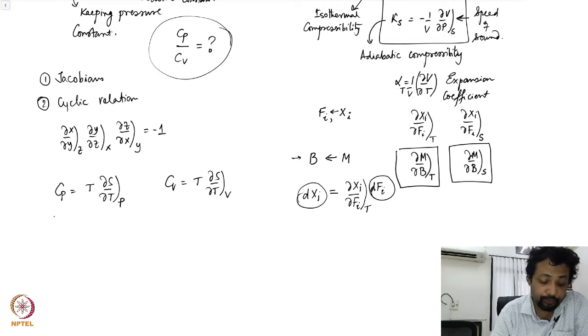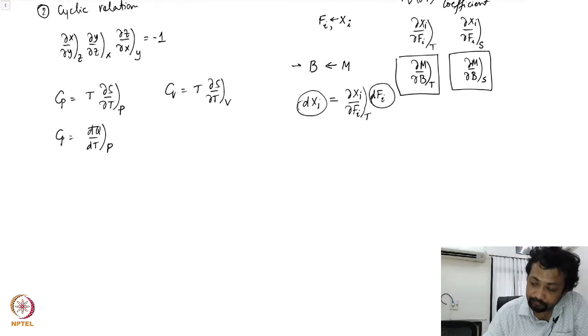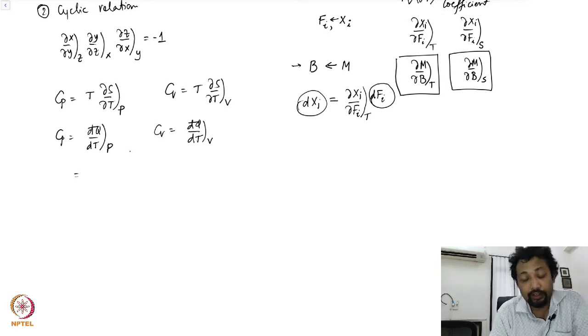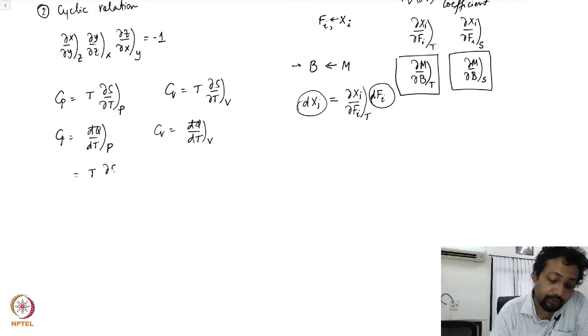If you want to know how they come, well, Cp is d cut q over dT, pressure constant, and Cv is d cut q over dT, volume constant, and d cut q from the second law of thermodynamics is T dS, and therefore you have T del S del T, pressure constant, and T del S del T, volume constant.